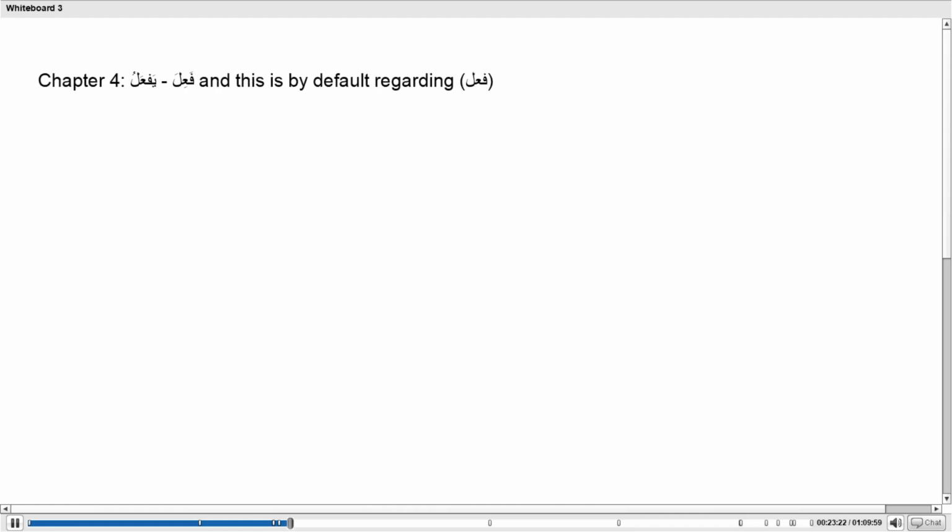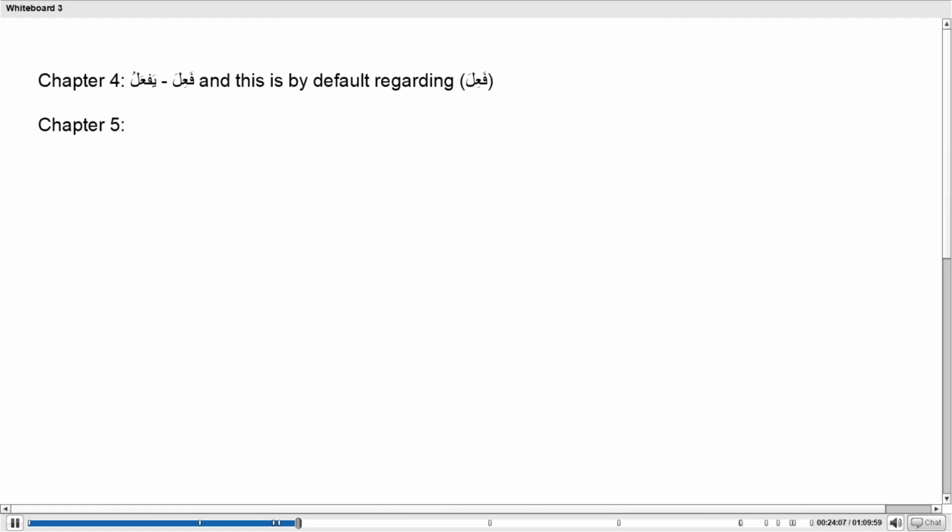What do I mean by default? That means if you find a verb sounding like fa'ila, automatically, without hesitation, build its mudari' on the scale of yaf'alu. Got it? Unless someone tells you it's an exception.